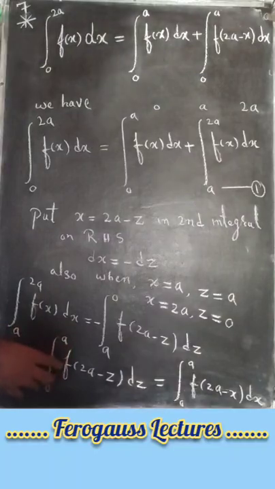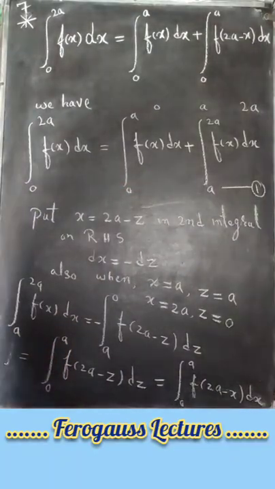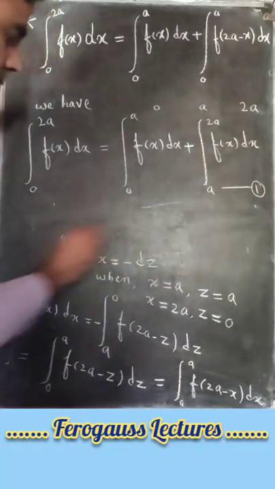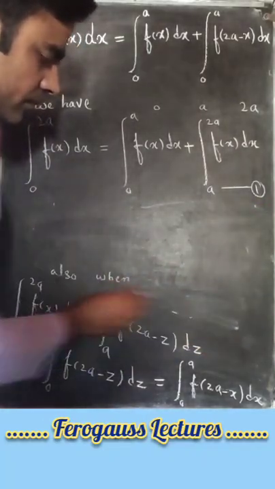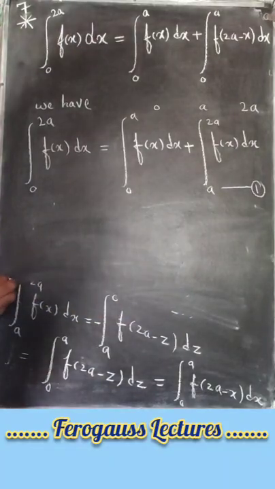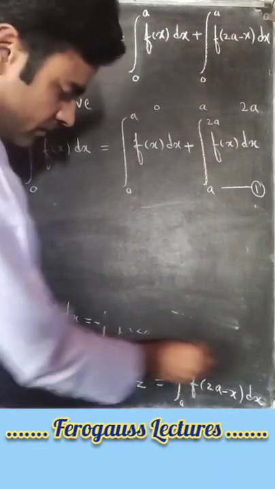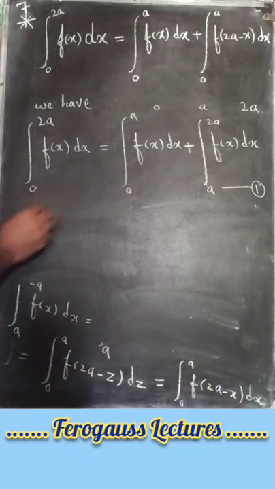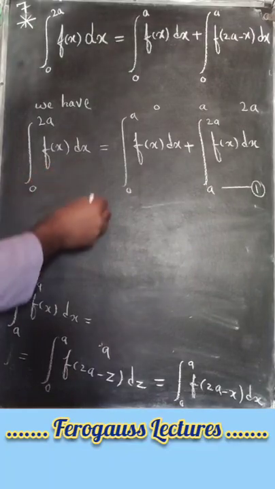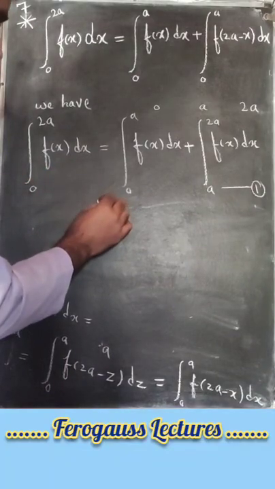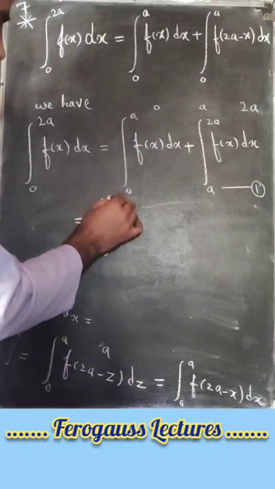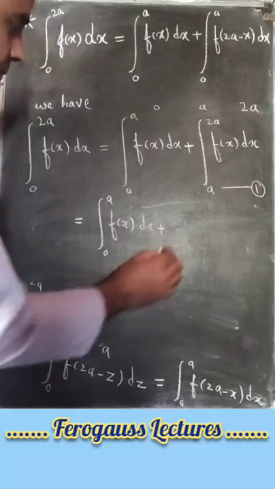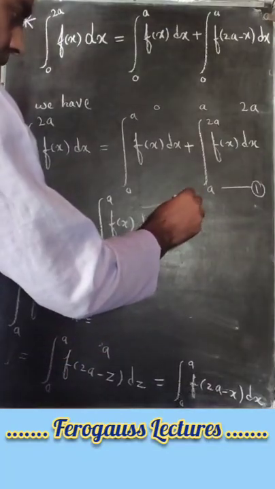Now substitute this in equation first. We get this is equal to 0 to a f(x) dx plus integral.